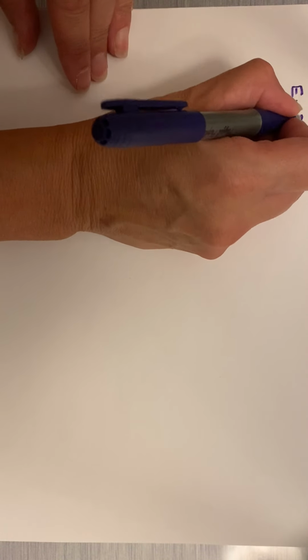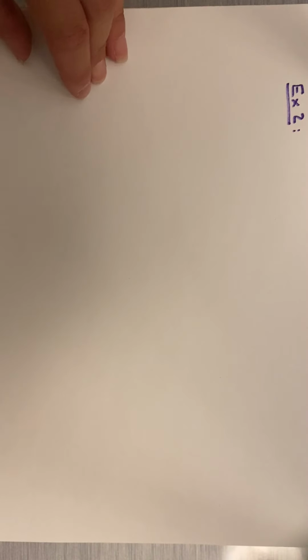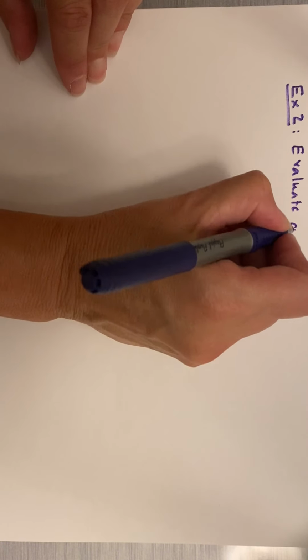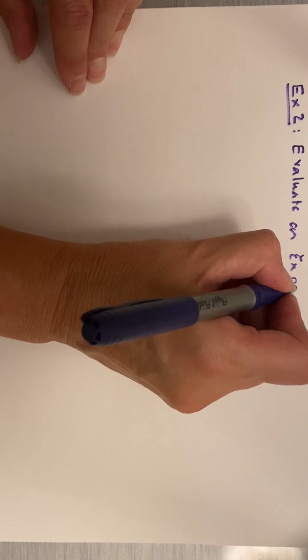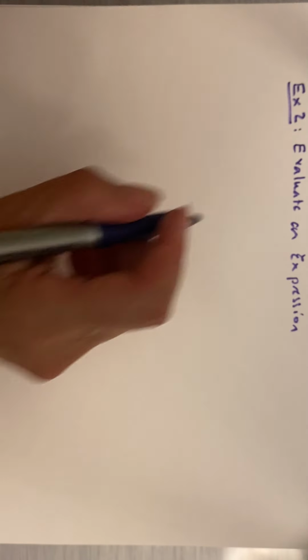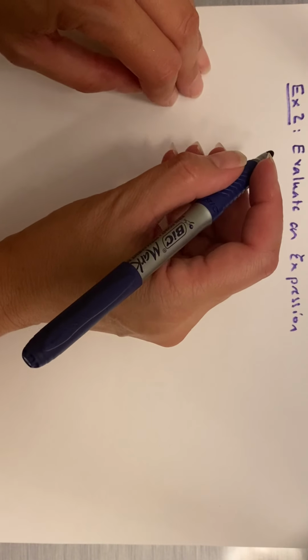Example 2. Again, evaluate an expression. In this situation, the only difference between this and the previous problem is this is a word problem, which I will read you from the book.